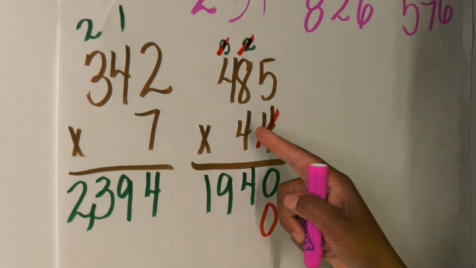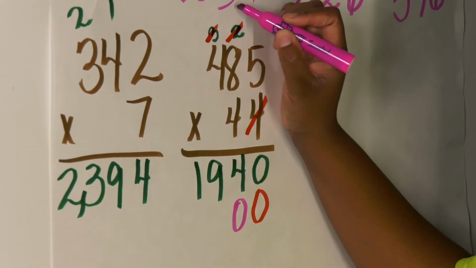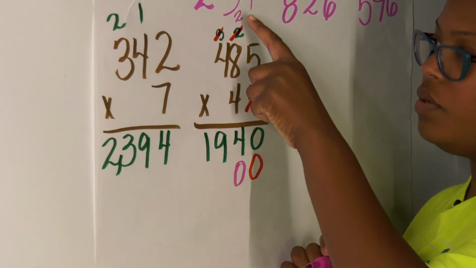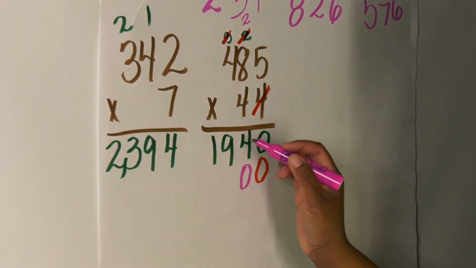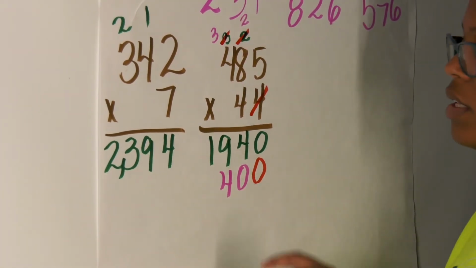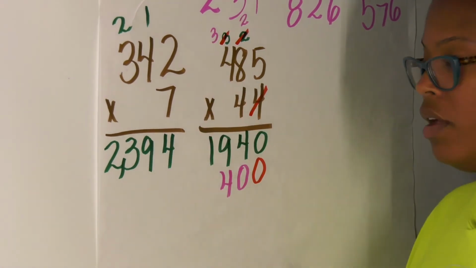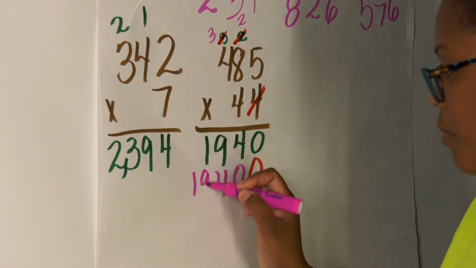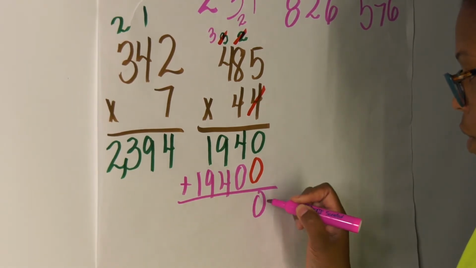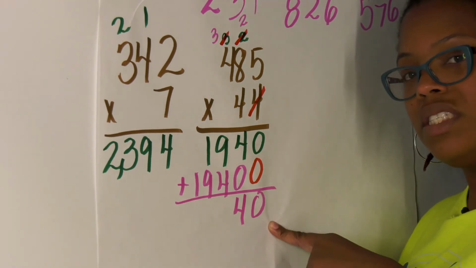Okay, so now we have 4 times 5 again, which was 20, 0, carry the 2. 4 times 8, which is 32, plus 2, 34, carry the 3. And interesting, this is going to be the same numbers. 4 times 4, 16 plus 3, which is 19. And now we're going to add those numbers. 0, 4. Okay, remember to start from your ones place.